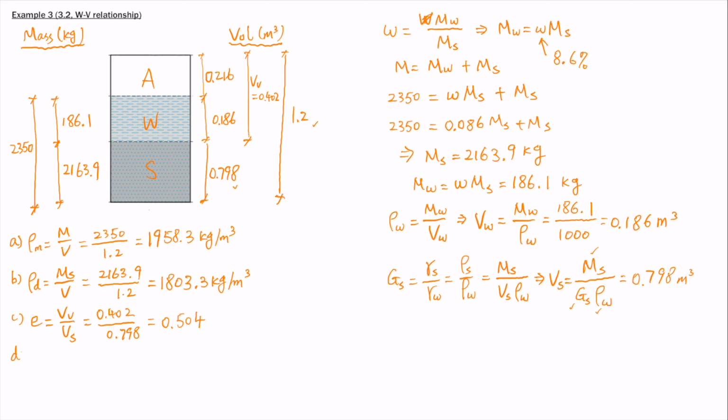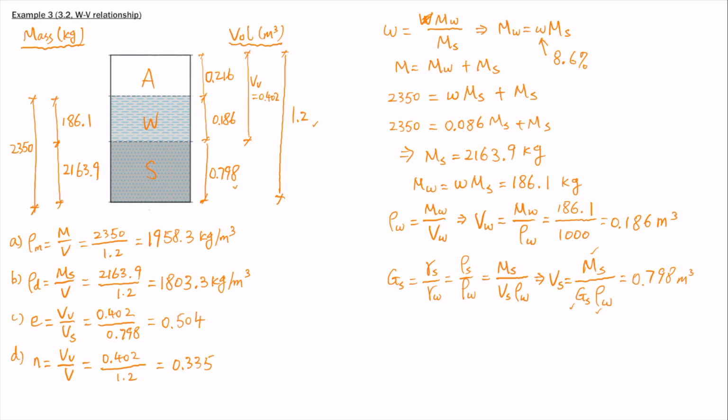And then porosity, n, is V sub V over capital V, the total volume. So that's 0.402 divided by 1.2, which is 0.335, or 33.5% if you want to use percentage.